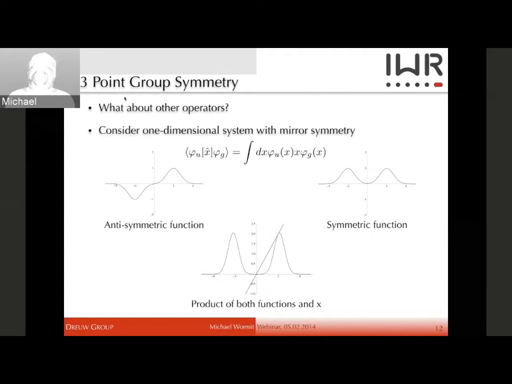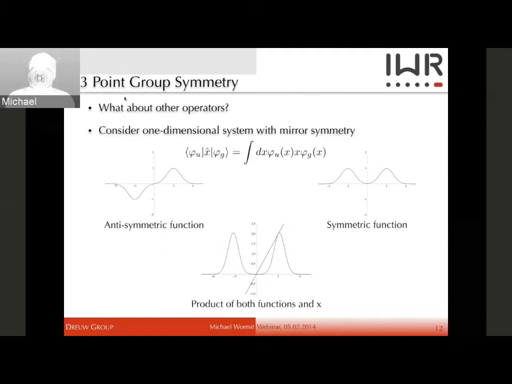And here you see the integral, how it looks, and what the integral kernel is like: the product of the gerade function, the ungerade function, and the x function, which is also an odd function with respect to the mirror plane. I've plotted this product function in the middle below, and you see that if you do the integral over both, it's non-zero.